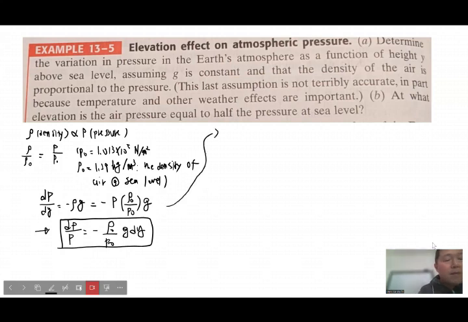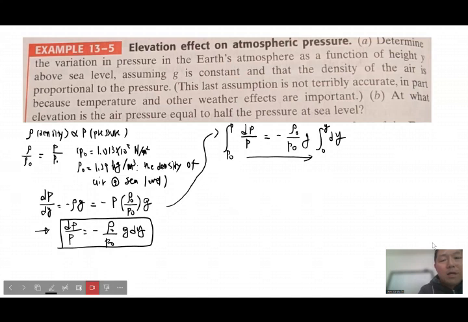If you integrate it, let me write the whole equation with the integral. That is the integral of dP over P from P naught to P, equals minus rho naught over P naught, which are constant values, times g, times the integral of dy from 0 to the specific height of interest. So we need to derive the formula out of this integral.